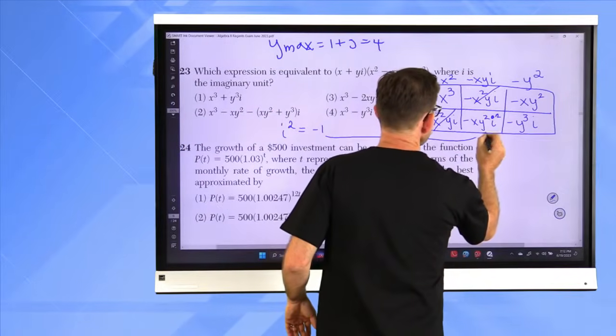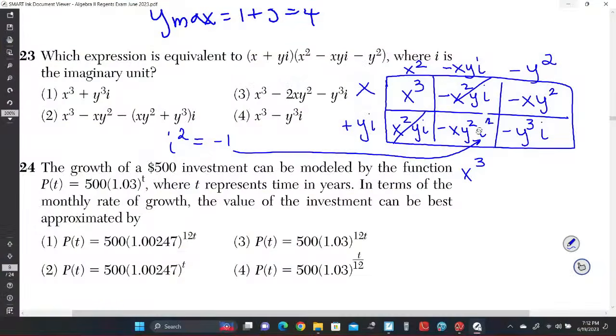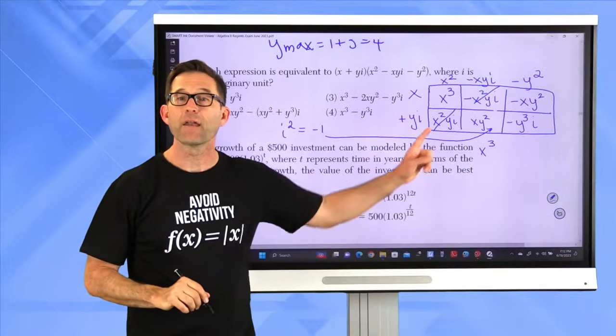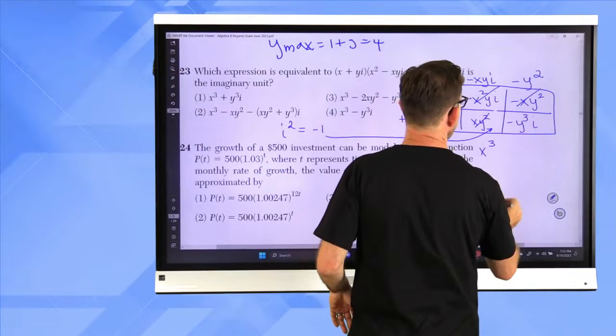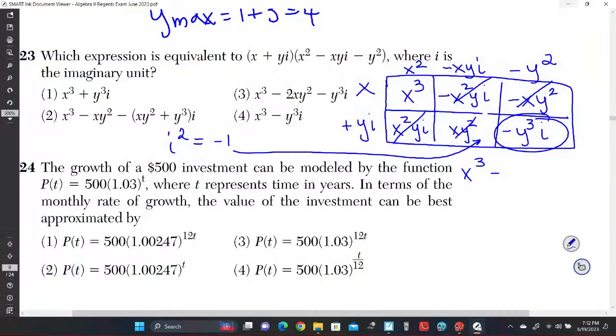This becomes negative 1, and then all of this becomes positive x squared y. And that positive x squared y cancels this negative x squared y, and the only thing we have left is y cubed i, and that is choice 4.